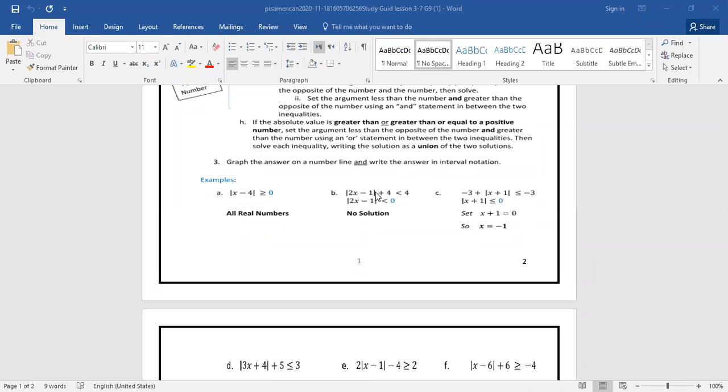Question number D: absolute value of 3x plus 4, plus 5, less than or equal to 3. Second: 2 absolute value of x minus 1, minus 4, more than or equal to 2. Third: absolute value of x minus 6, plus 6, greater than or equal to -4.